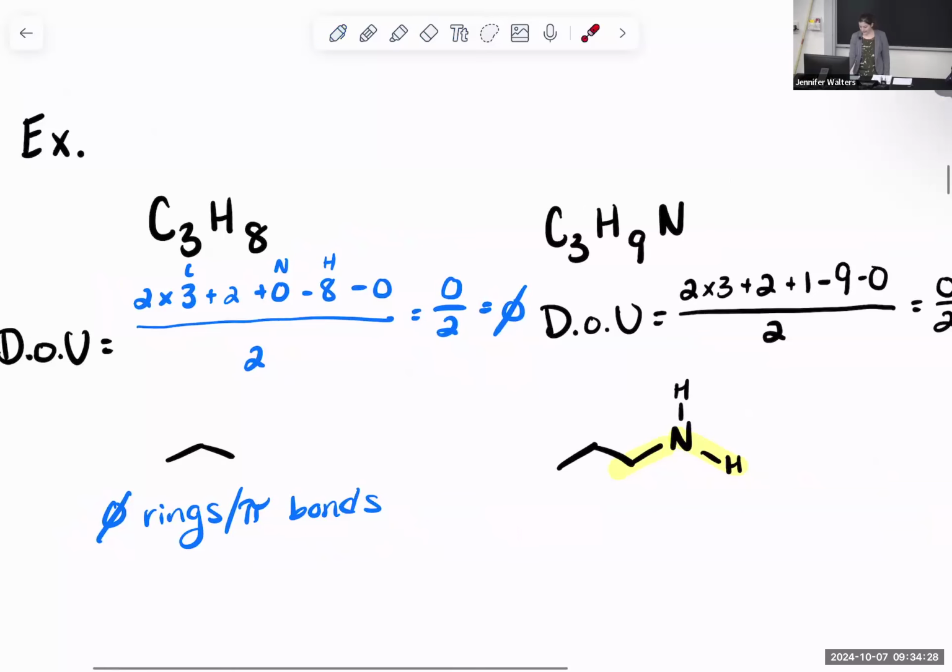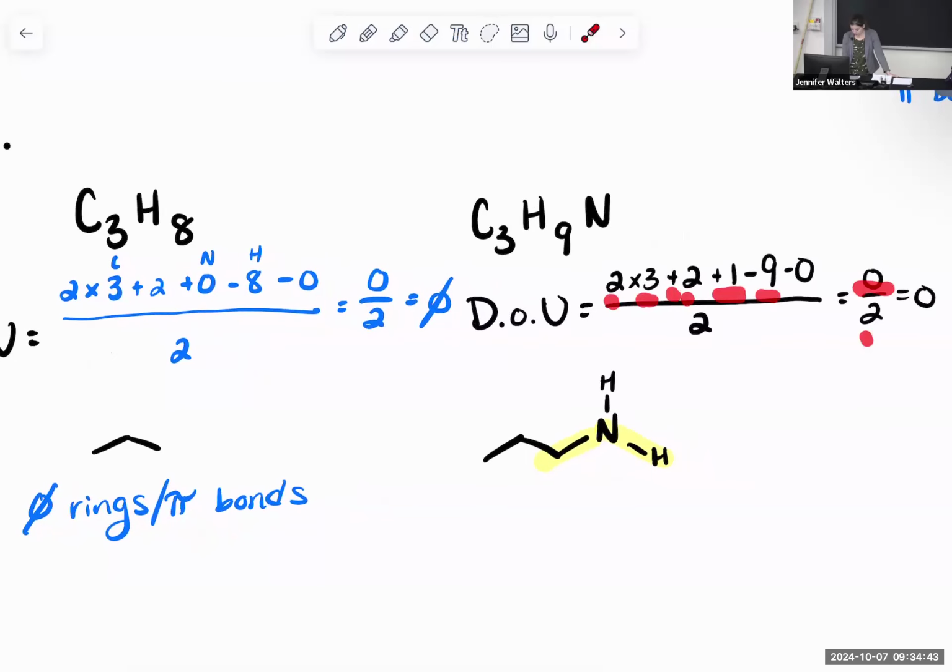When you add in that nitrogen, we now have C3H9N. I see that I have 2 times 3, the number of carbons, plus 2, plus my 1 nitrogen, minus 9, so I still end up with 0 over 2. When there originally was just a hydrogen here and I put a nitrogen there, I have to add on this other hydrogen.